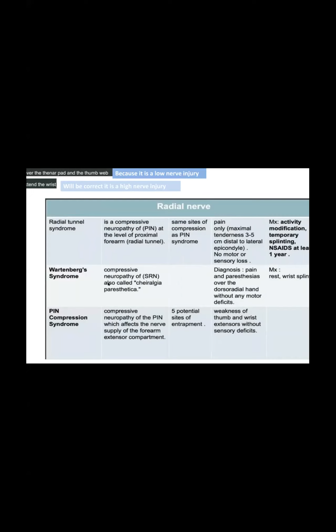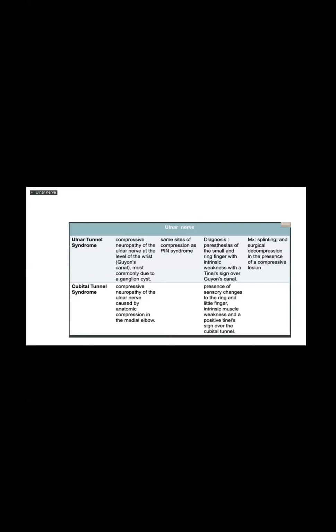These compression syndromes are associated with the forearm, so the radial nerve is associated with the forearm, while the ulnar nerve is associated with the intrinsic muscles of the hand. Shortly, we have to remember splinting and surgical decompression as management. Another way of diagnosis is paresthesia and intrinsic muscle weakness. Intrinsic muscle weakness is ulnar nerve supplied, as in cubital tunnel syndrome.